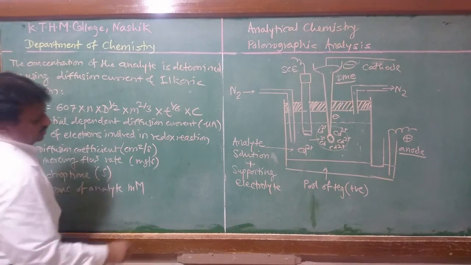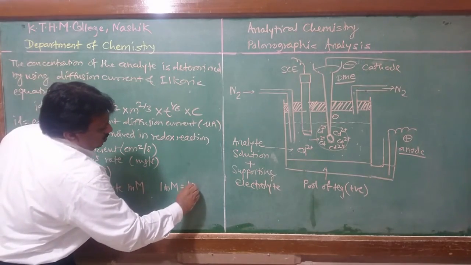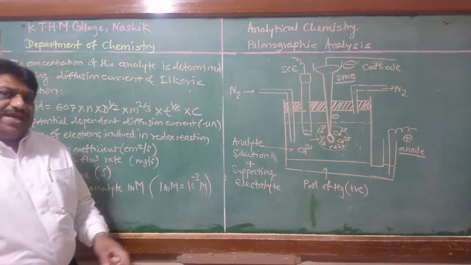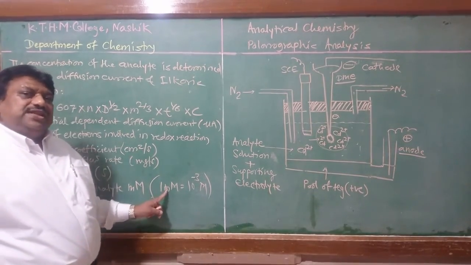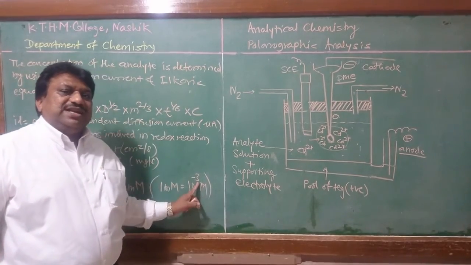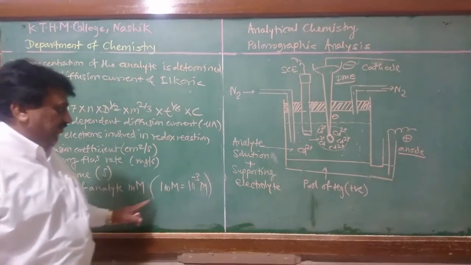and 1 millimole is equal to 10 raised to minus 3 mole. Therefore, in polarographic analysis, concentration can be measured in millimoles level, that is 10 raised to minus 3 to 10 raised to minus 4 moles per liter.